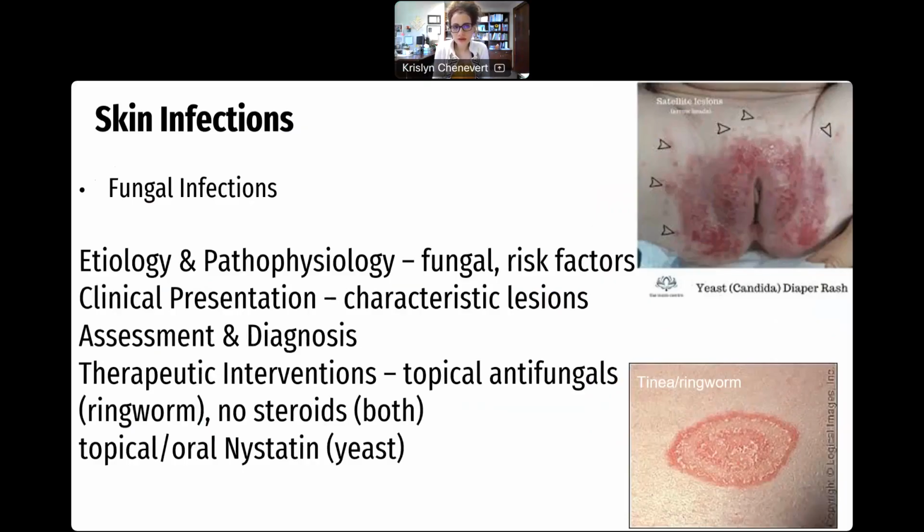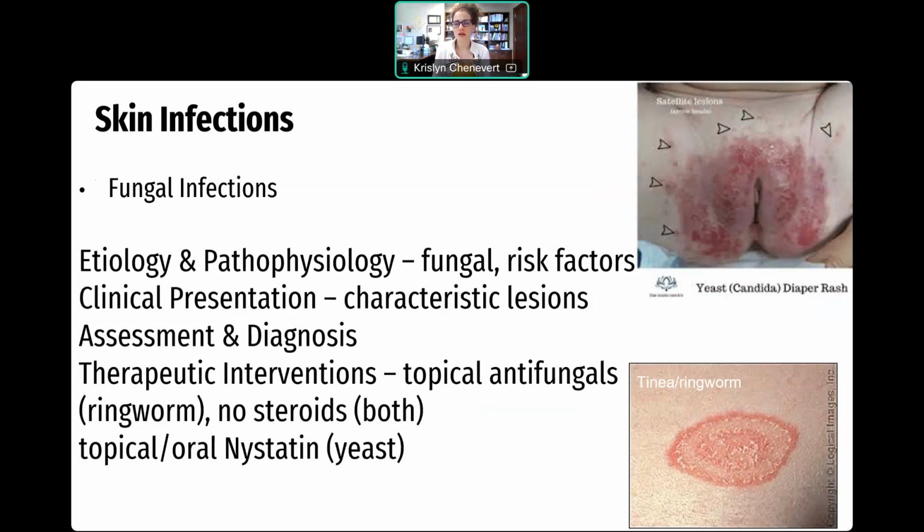So some additional infections, we'll talk about two different fungal infections, and this is likely review as well. So we've got tinea, which is ringworm, and then candida, which is yeast. So these are caused by fungi. We see them especially in patients in areas where there is a warm, dark, moist environment, especially if there's a lot of sugar in that environment.